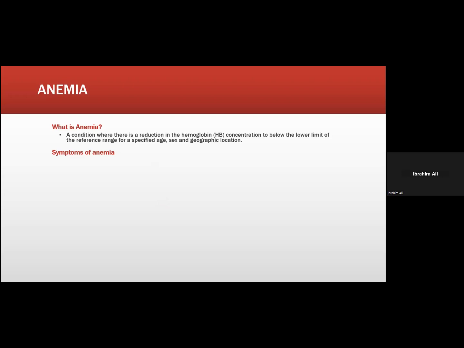Anyone who can tell us the difference between what symptoms is and what signs is? Please, just say something, what you think of. There's no wrong answer. So the symptoms is what the patient tells you.